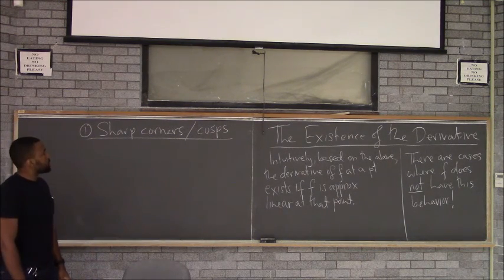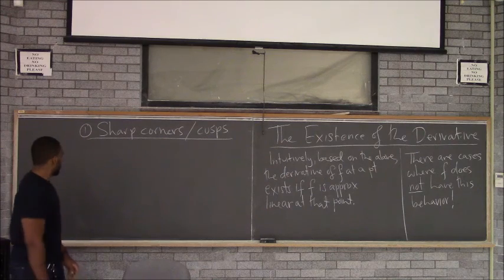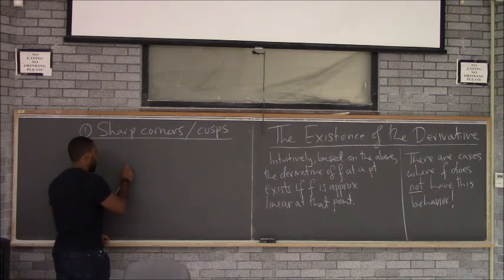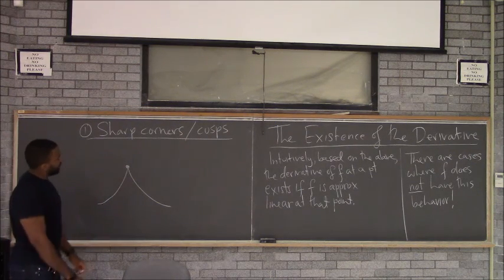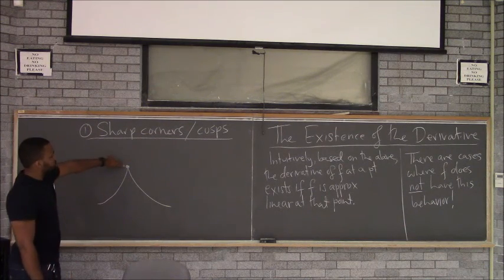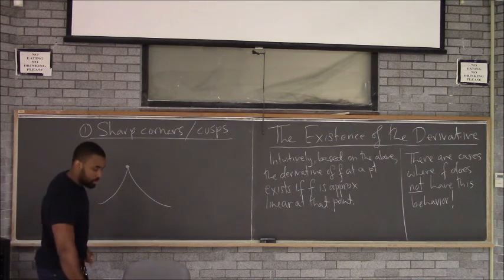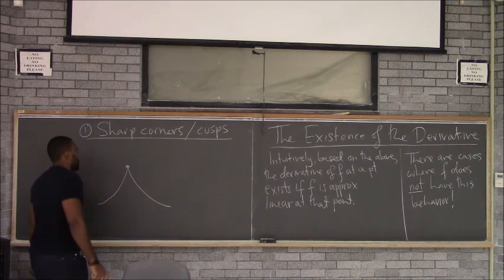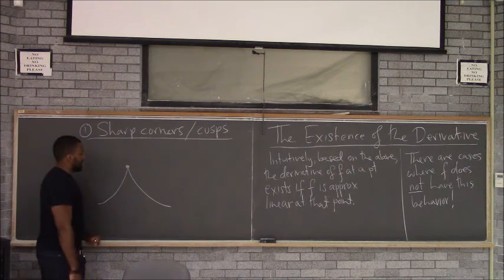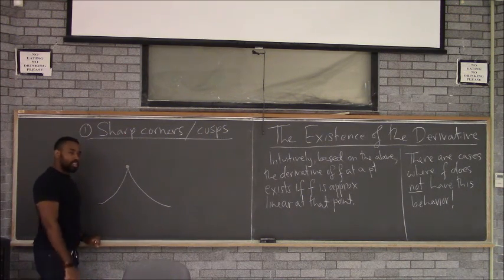Notice that if we have a sharp corner, something that looks like that, that's what I call a cusp. Then, if I wanted to take a derivative at this point, at the sharp corner, what would be the tangent line to this curve at that sharp corner?